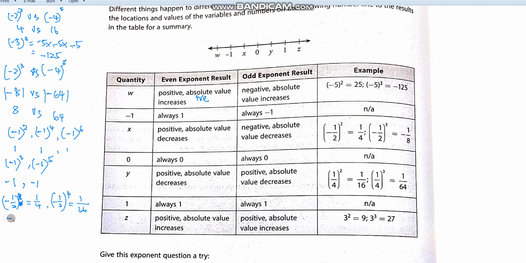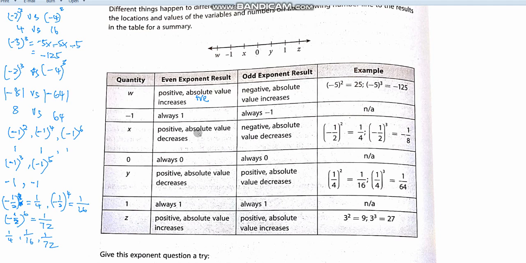If you take minus 1 over 2 to the power of 6, it becomes 1 over 64. So if you arrange 1 over 4, 1 over 16, 1 over 64, the value from here to here becomes smaller, and from here to here becomes smaller.